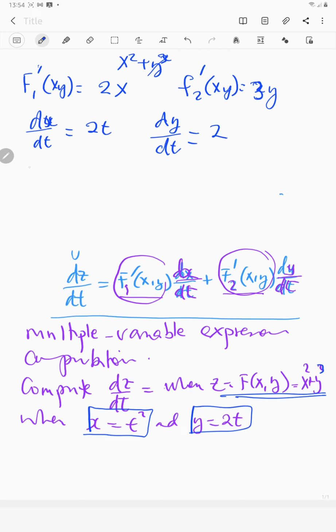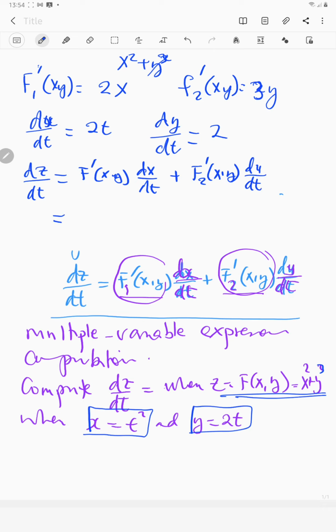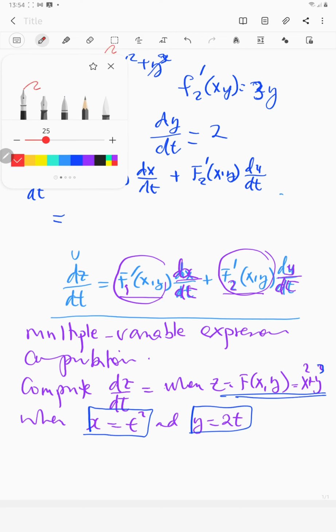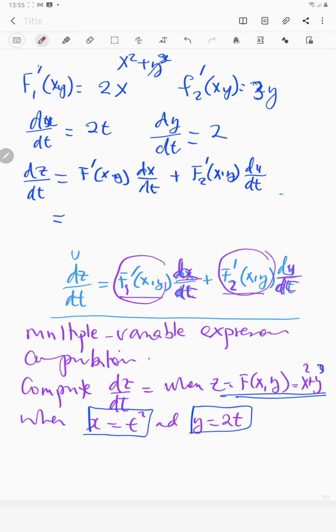So using the formula dz/dt is equal to F1'(x, y) dx/dt plus F2'(x, y) dy/dt, we have the expression equal to 2x multiplied by 2t plus 2y multiplied by 2.